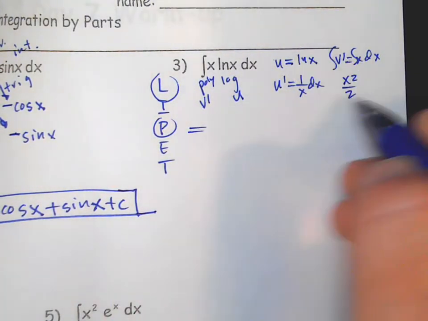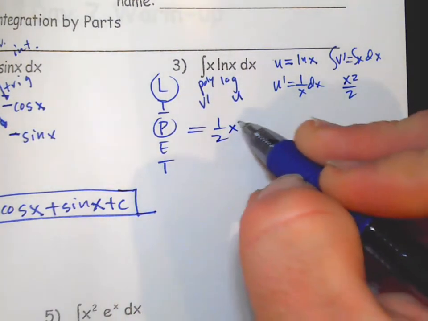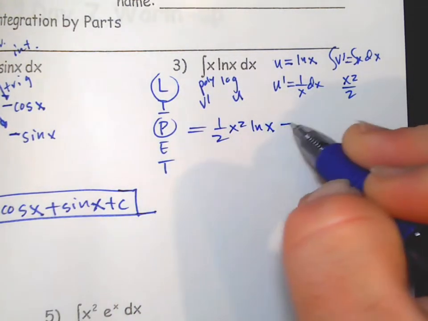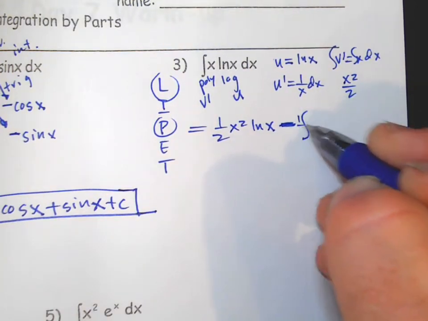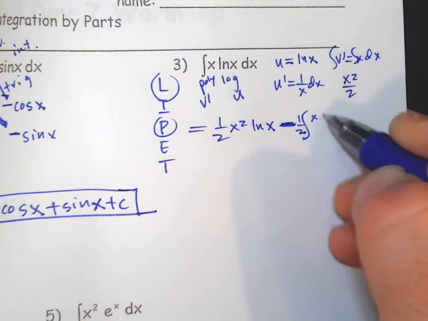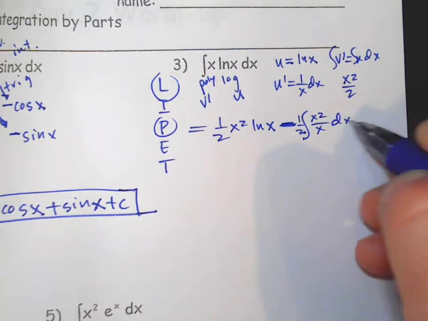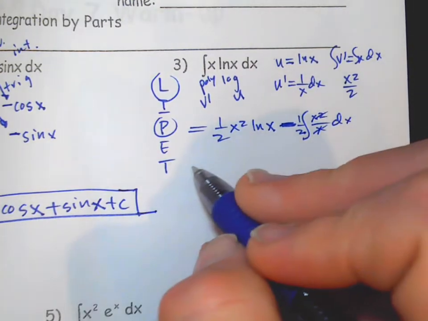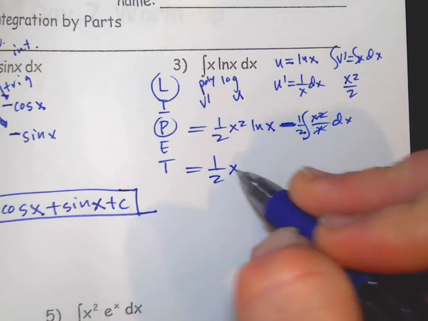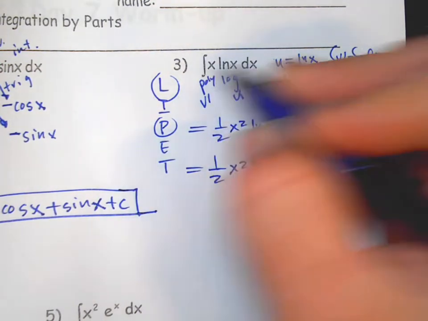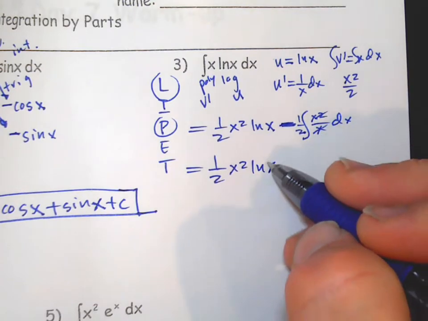It's going to be uv, 1/2 x squared natural log of x, minus the integral of the two new things right here. I'm going to put the 1/2 out in front. And you have x squared over x, which is just x to the first. And you should be able to integrate this. That's the point of this. Because you guys can't integrate any of these without this method.